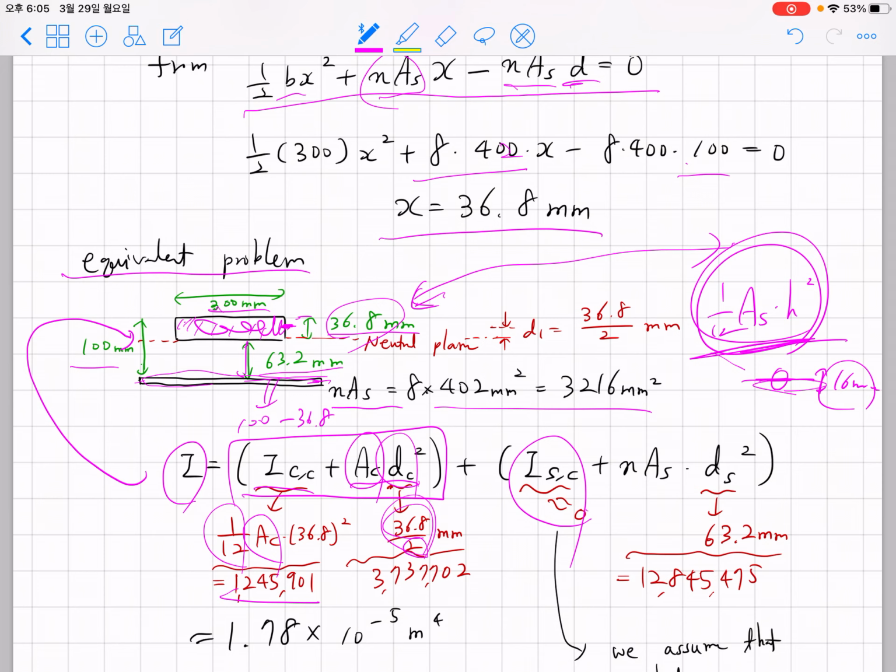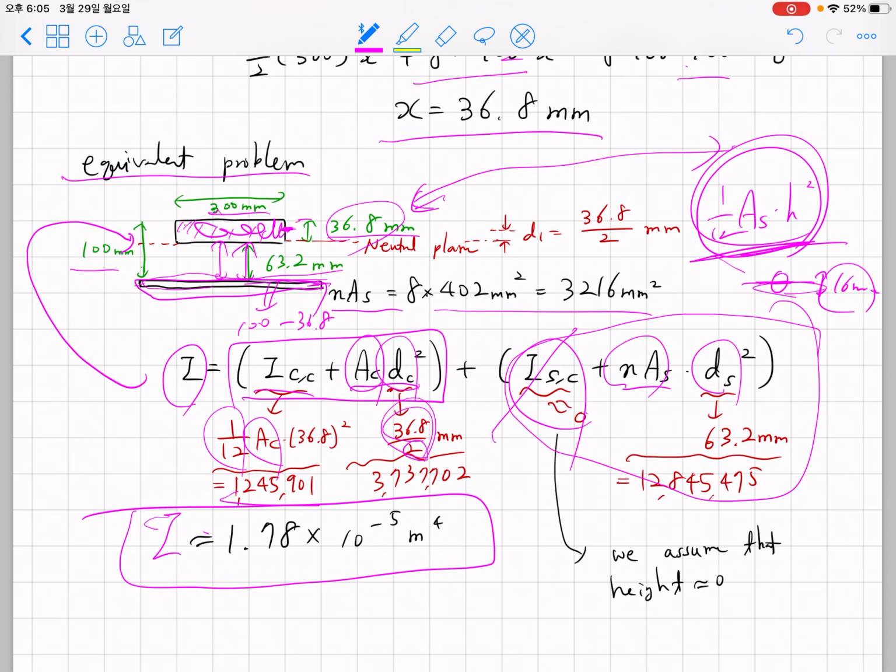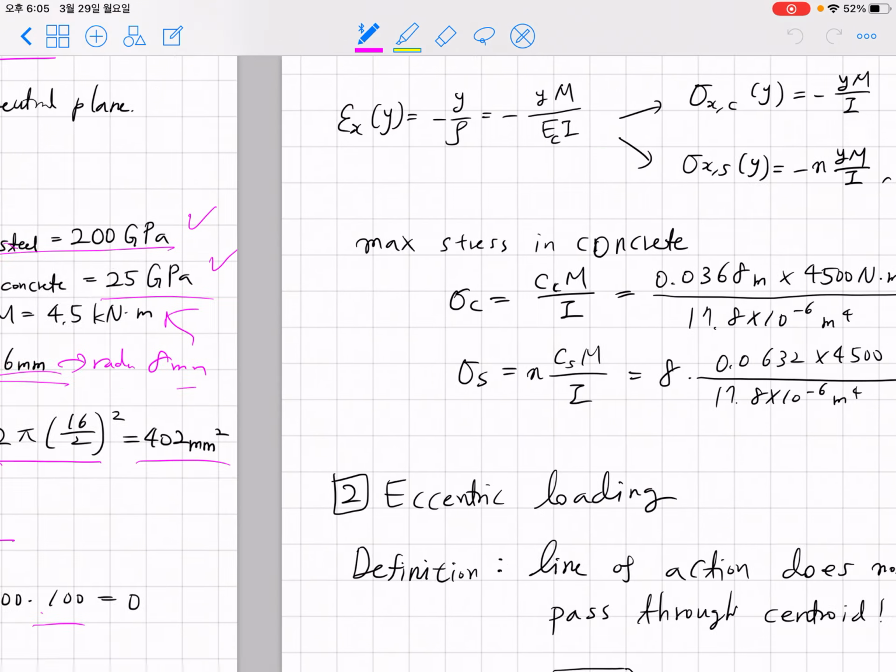Then we consider this part, n times As, the area of this entire widened steel part, and ds squared, the distance to the centroid, which is 63.2 millimeter squared. So we obtain the contribution here after ignoring this. Then we obtain I as 1.78 times 10 to the negative 5 meter to the fourth power.